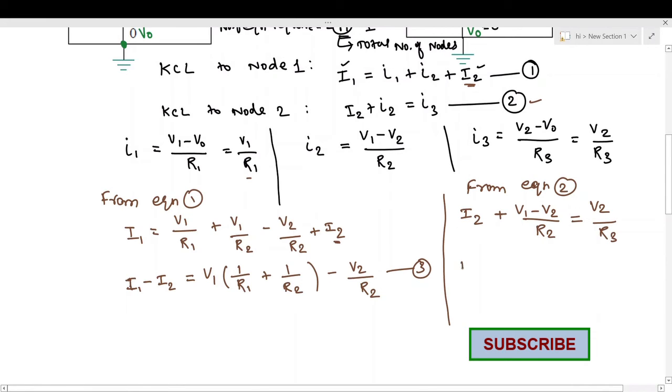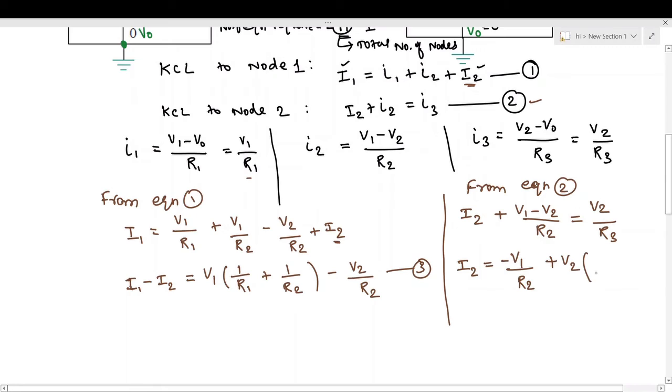Now when grouping this, I2 is equal to V2 by R3, and when we transfer the term V1 minus V2 divided by R2 to the right hand side, it will become negative. So we can write minus V1 by R2 plus V2 into 1 by R3 plus 1 by R2. Say this is equation number 4.